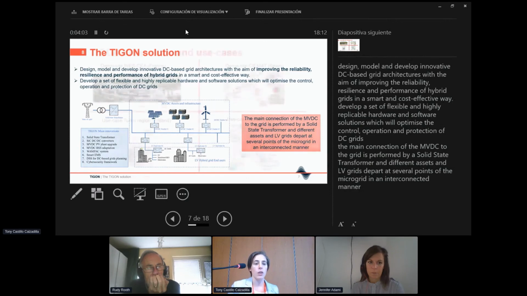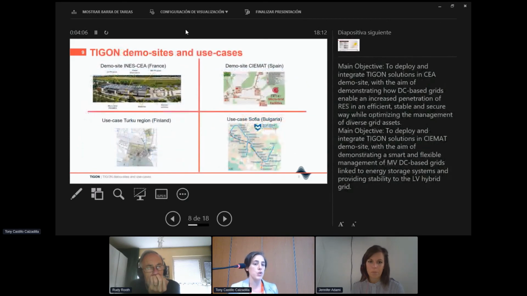Within the project, we have two main demo sites. The first one is in France. It's managed by SEA, and the aim is to demonstrate how DC grids can enable an increased penetration of renewable energy sources in an efficient, stable and secure way.